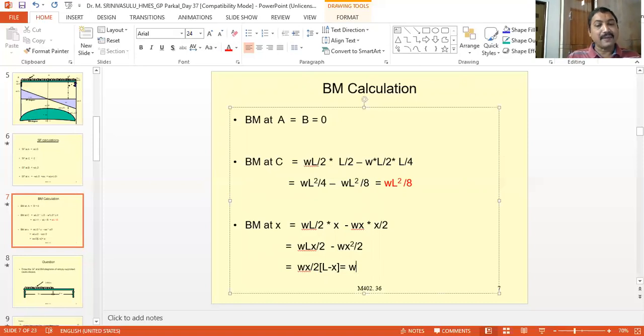The x is nothing but L by 2. So w into L by 2 into (L minus x), that is L minus x is nothing but L by 2.